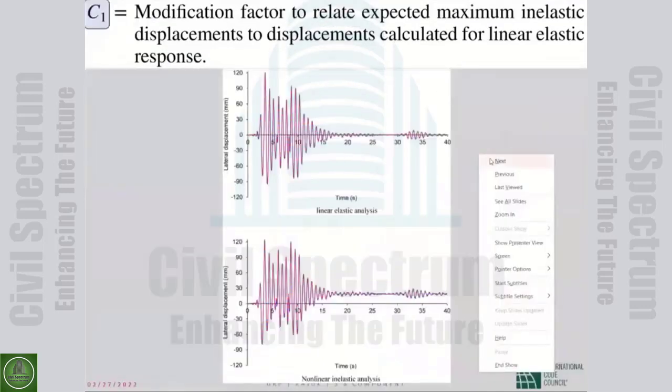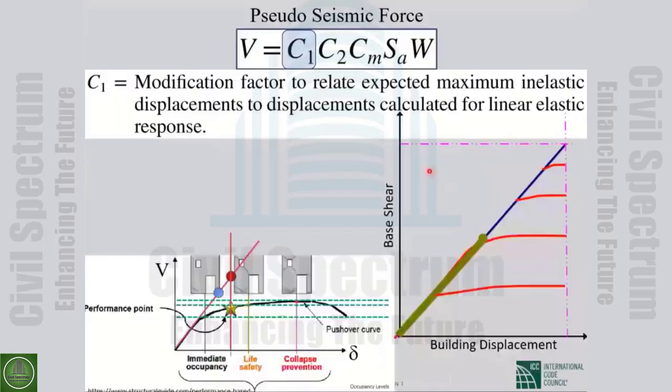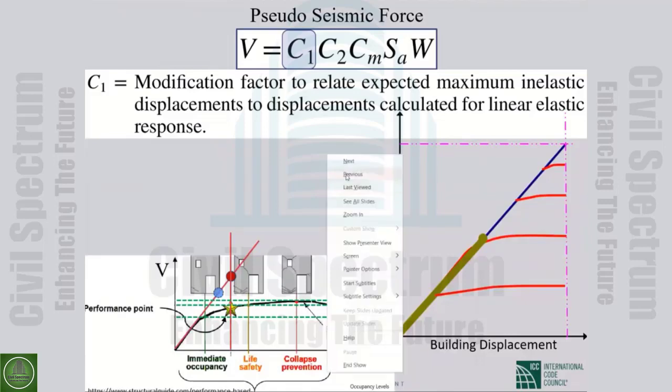Having a general view of the idea is good enough, because the details change a little from one code to another, and from one version to another. But generally, all of them have a coefficient like this.